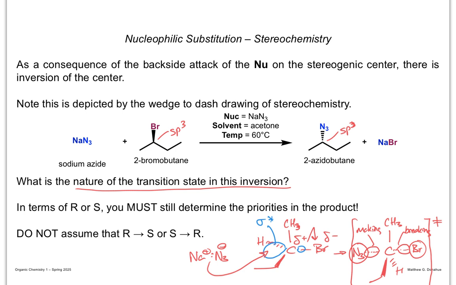So our carbon now is sp2, and that was the p orbital.